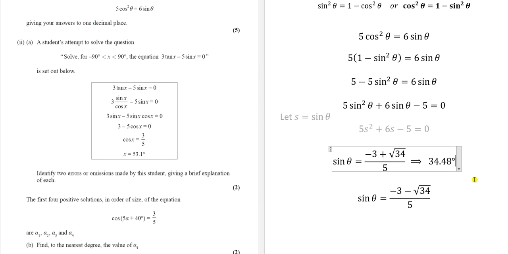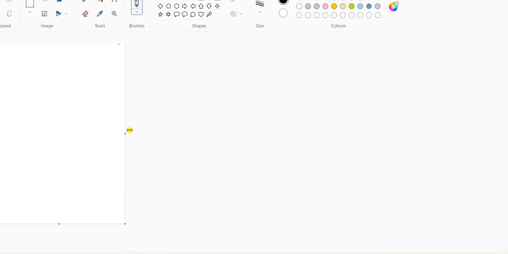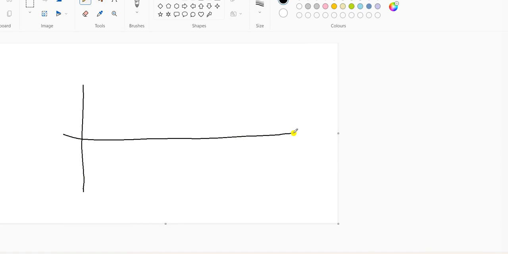But remember that when we're solving a trigonometric equation, we need to consider all the possible solutions. This doesn't have to be a particularly fancy process. What I would recommend is you draw yourself a rough sketch graph. So it can be fairly rough and ready, but what it does need to indicate is the behavior of the function you're looking at.